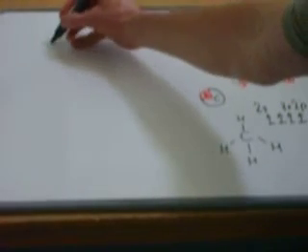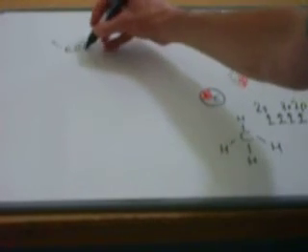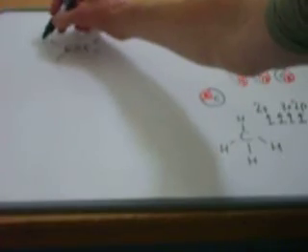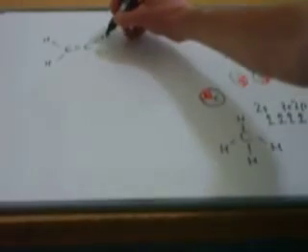So if we were to look at a slightly different molecule, instead of methane, we go to ethene. This time each carbon is forming, as we see, 2 bonds with hydrogens and the double bond between the 2 carbons.